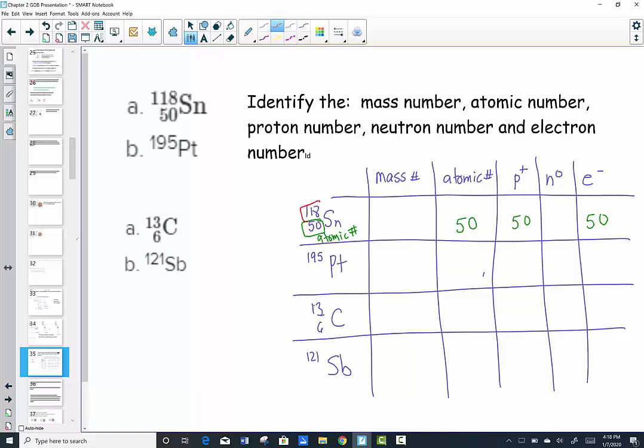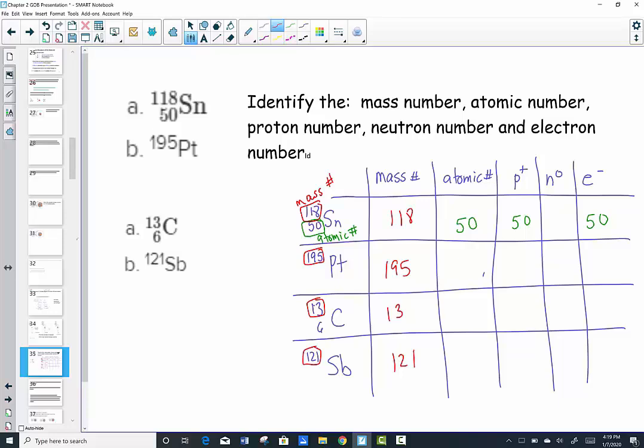The top number we refer to as the mass number. And the mass number here is 118. As a matter of fact, we can quickly say every time we had a top number provided, we now know the mass number that's given to us in the problem. So I'll quickly fill out the rest of the red there.